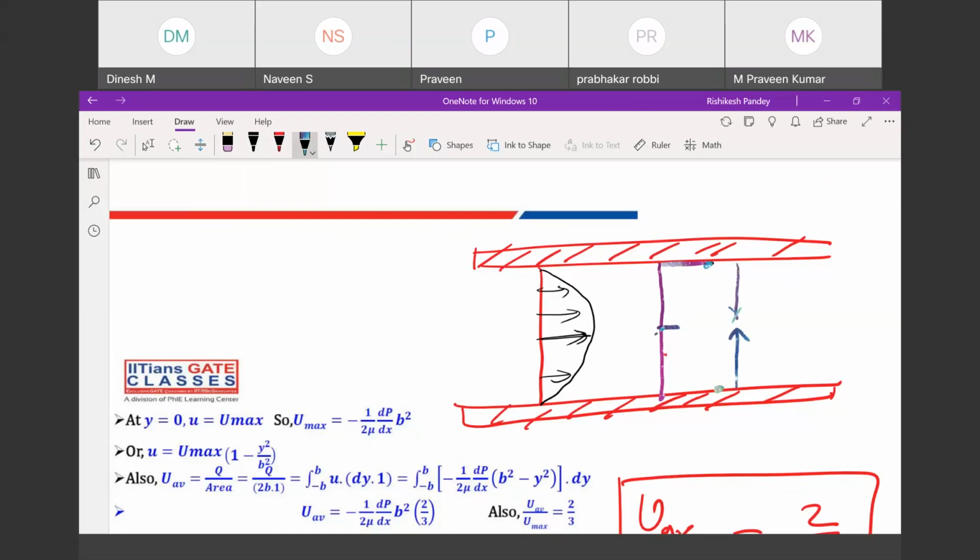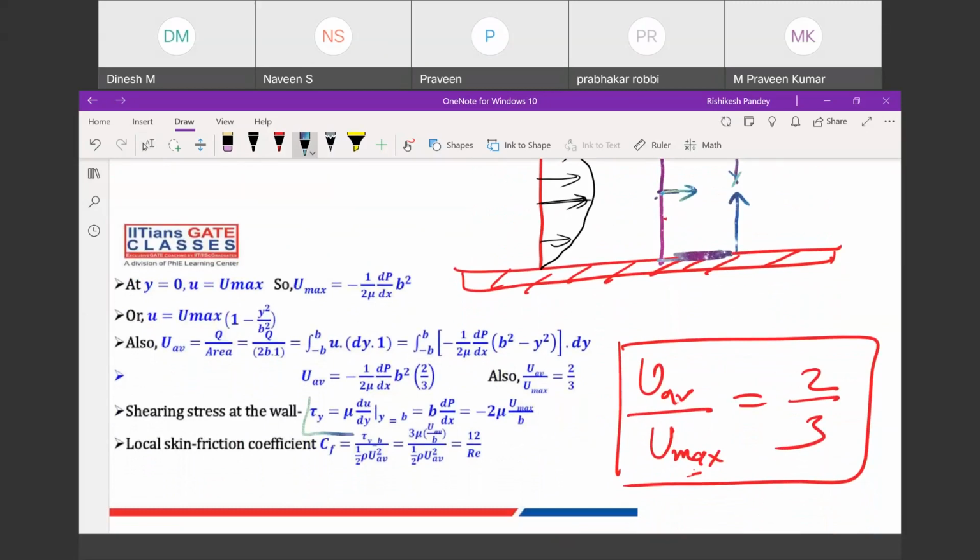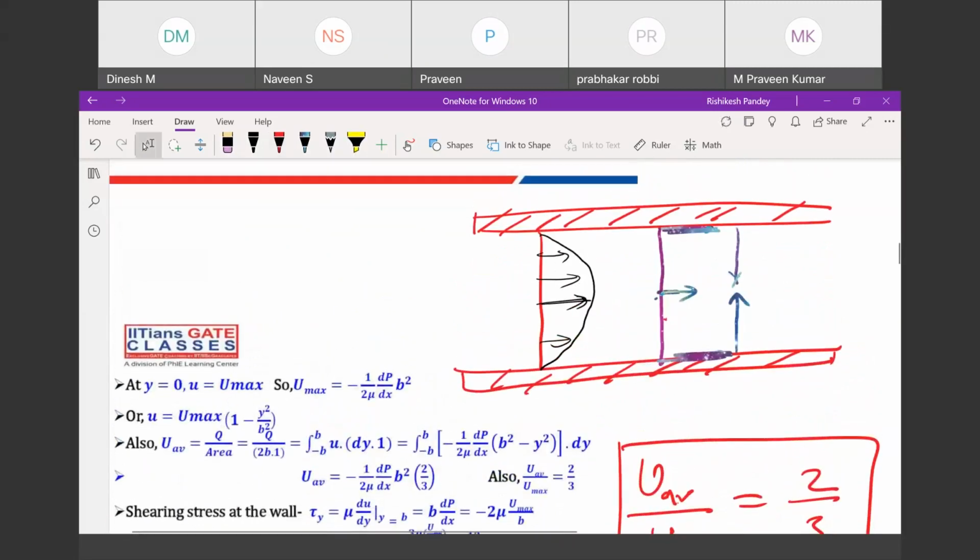At the center we have minimum shear stress, at the wall we have maximum shear stress. With the derivation, you can see that the shear stress varies linearly. The shear stress variation will be linear, and it will be something like this.